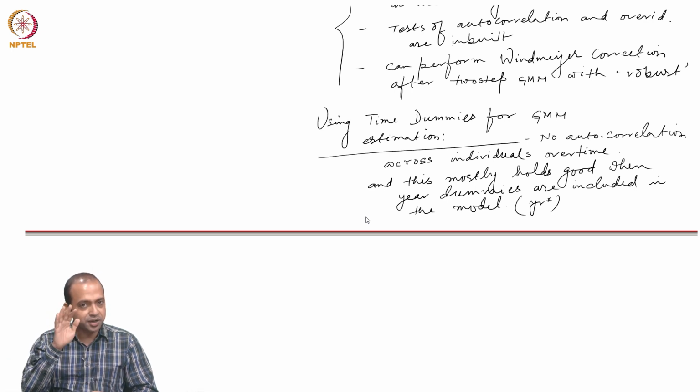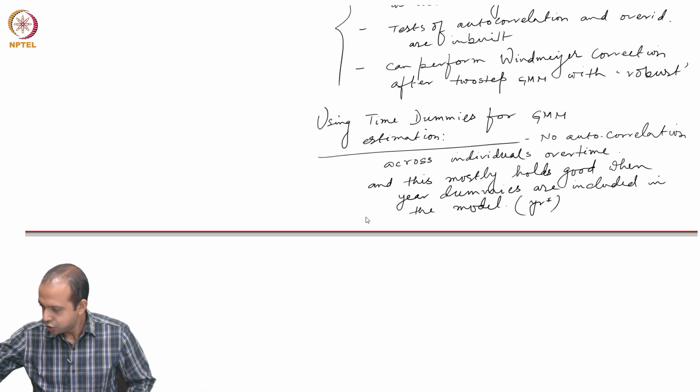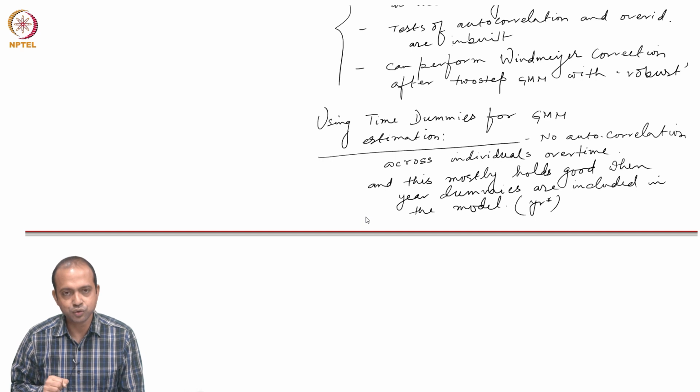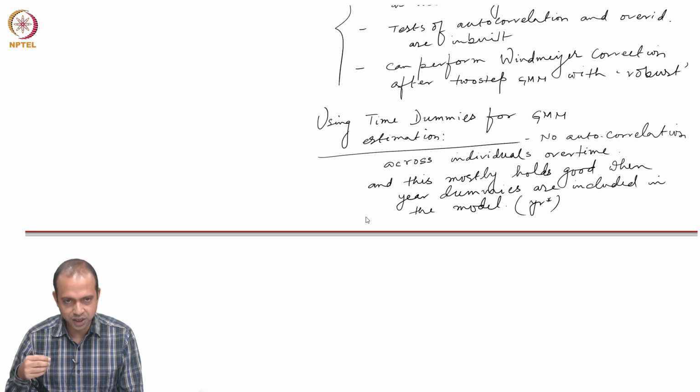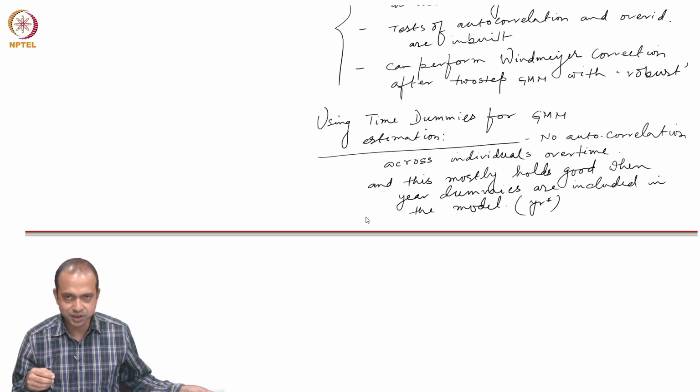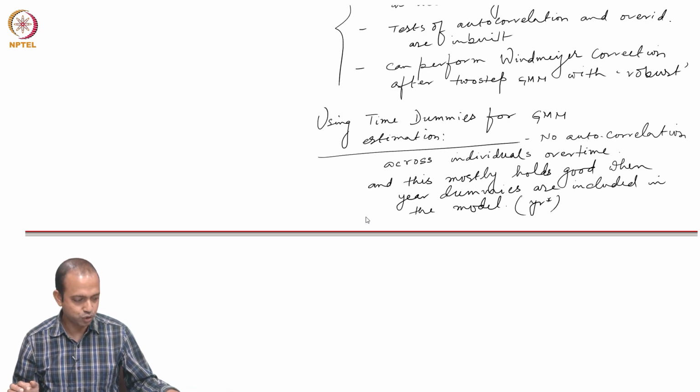So, when you are estimating a difference or system GMM, do not forget to include time dummies in the model. These are all the things we have to keep in mind: xtabond2 we will mostly be using, and after estimation with xtabond2 there is no need to check the post estimation checkups manually, because those are inbuilt in the model. So, this is how we can estimate the dynamic panel data model using the xtabond2 command.